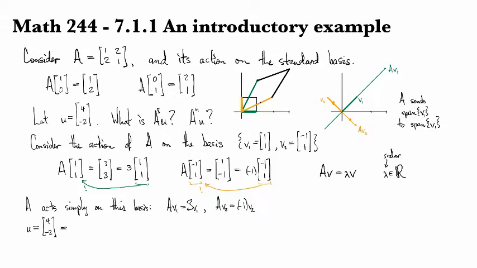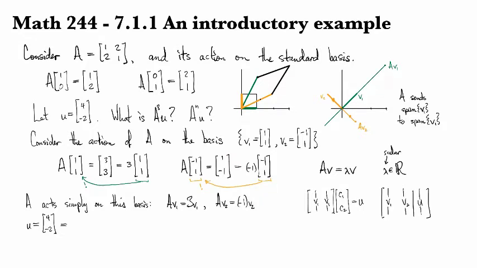I need to solve the equation that looks like v1, v2, and I want to take some linear combination of those with some scalars C1, C2, and I want to end up with this u that I've been given. So I'm going to take V1, V2, and adjoin u, and row reduce.